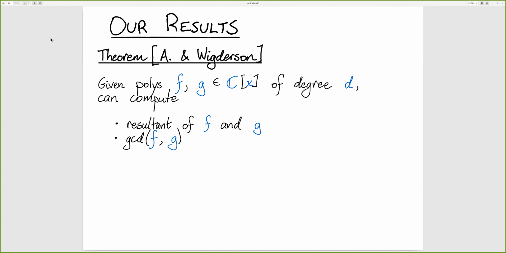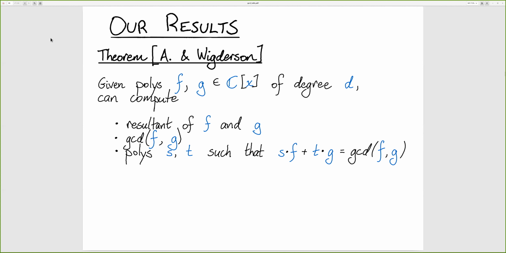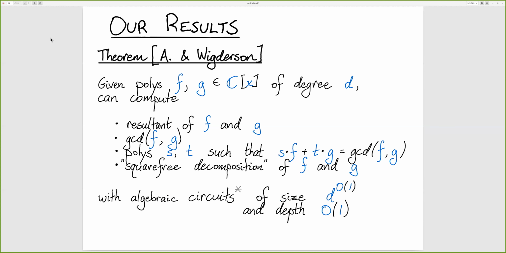We can compute the GCD itself. We can compute these two polynomials, S and T, that witness the GCD, and also something called the square-free decomposition of F and G. If you don't know what this is, it's some kind of structured partial factorization of these polynomials. And we can do this all with algebraic circuits of polynomial size and constant depth.